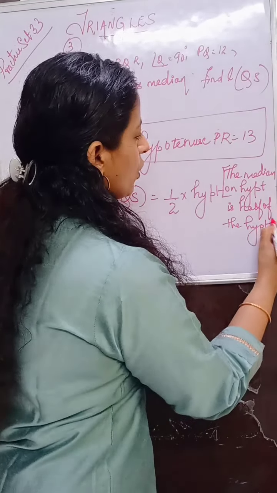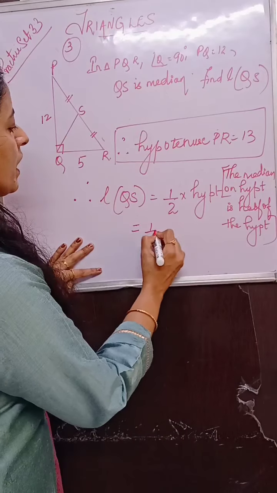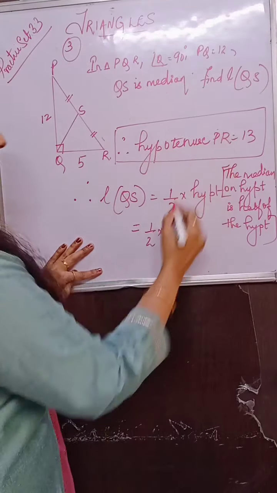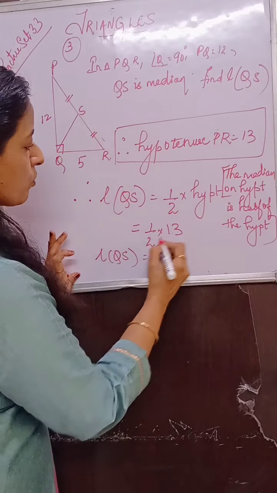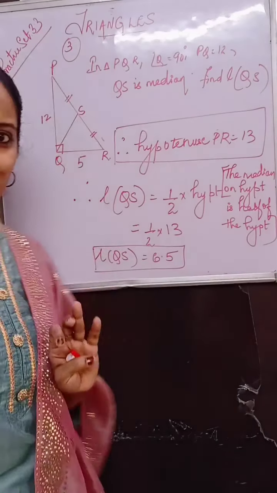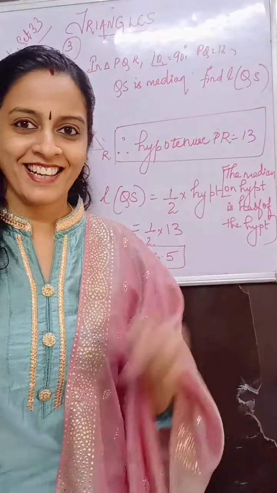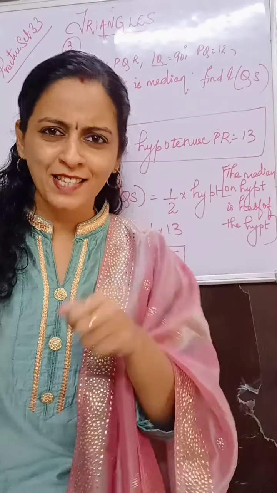The median drawn on hypotenuse is half of the hypotenuse. So QS will be half of hypotenuse. We got 13. So therefore length of QS is equal to half of 13 means 6.5. Put it in a box. Be happy. Okay, easy. Very happy now to solve such sums where the property is very easy to remember.